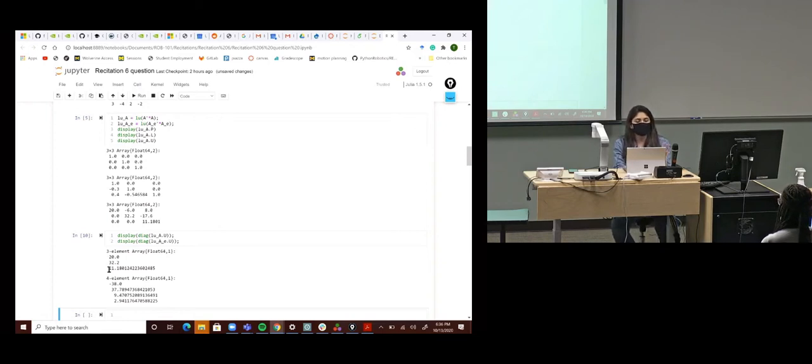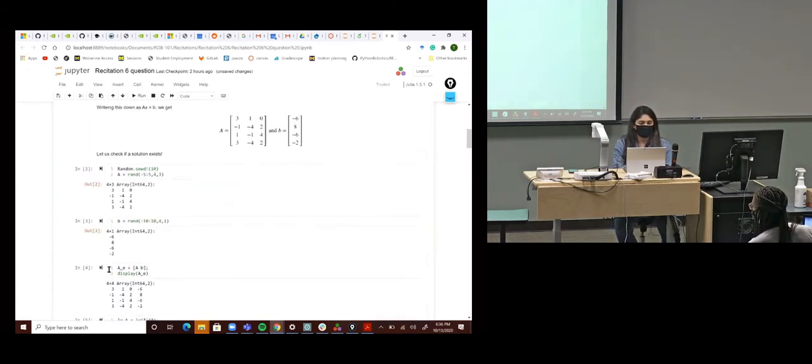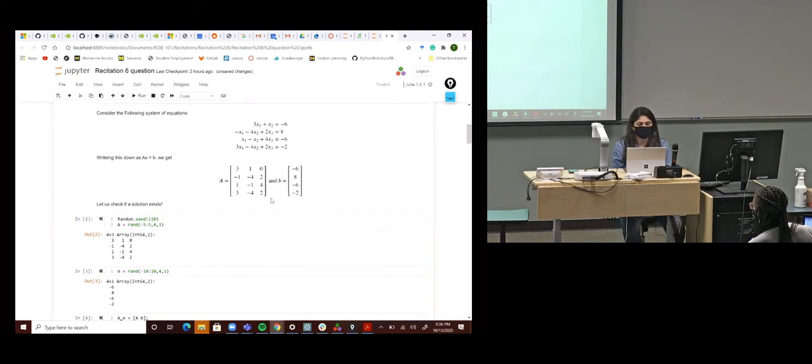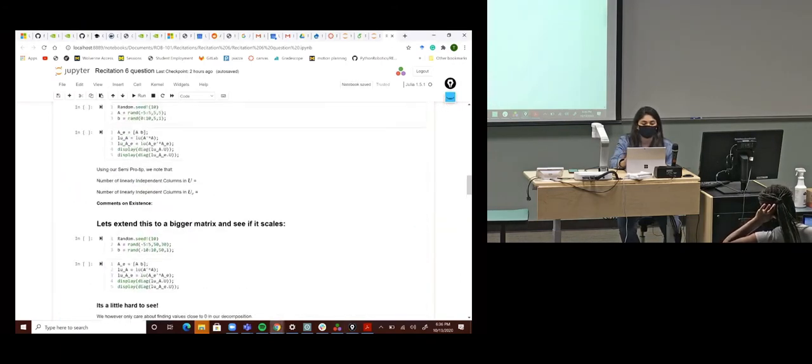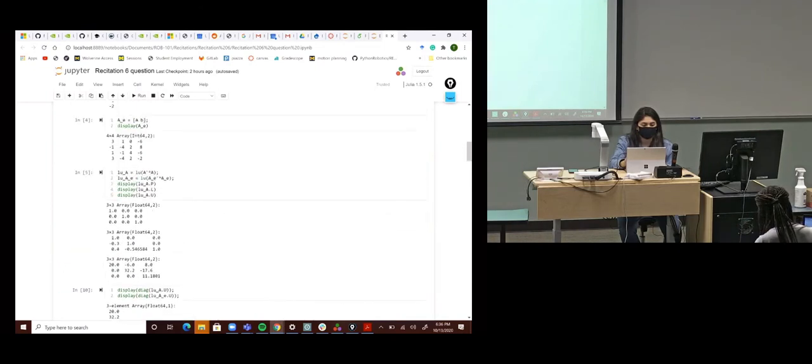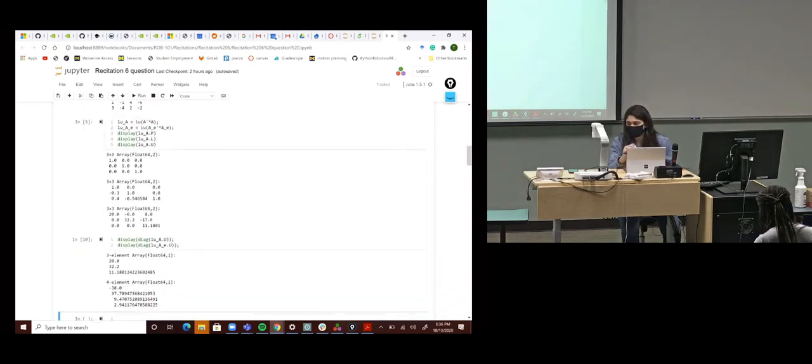So what is the number of linearly independent columns for this A matrix? A has 4 rows and 3 columns. So our M is the number of columns. Yes, no zeros on there. Exactly.